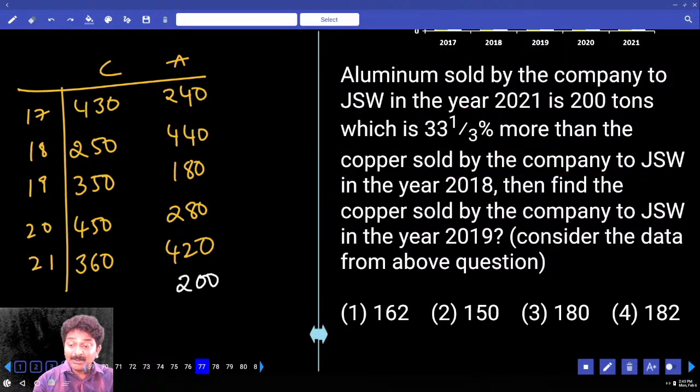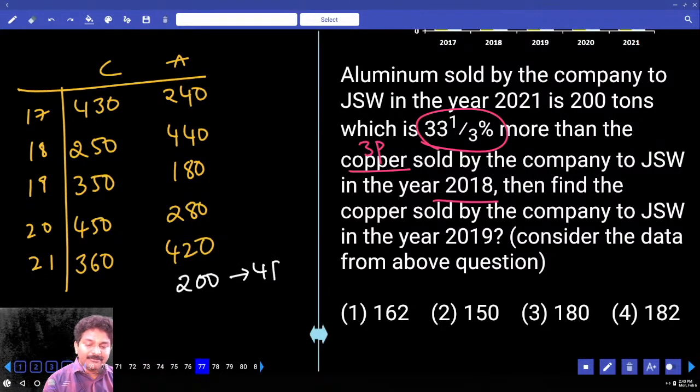Earlier in 2018, copper sold, if it was equal to 3 parts, now the aluminium sold is 1/3 more. That means 4 parts only. So this is equal to 4 parts.